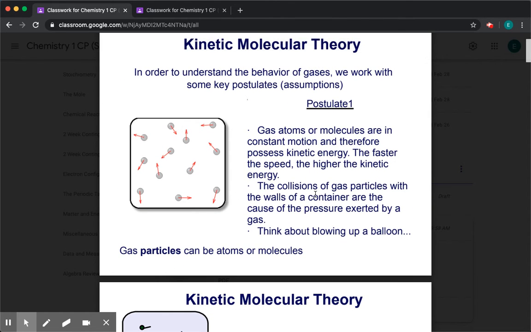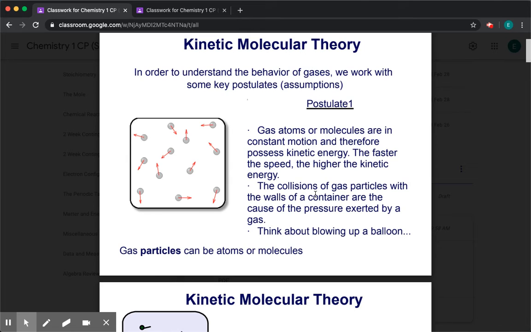It says that the pressure exerted by a gas is dependent upon these collisions. The harder the collisions, the higher the pressure. What would give you harder collisions? Well, if the particles were moving faster, you'd get harder collisions. So that means they need to have more kinetic energy, which means they need to have an increase in temperature.